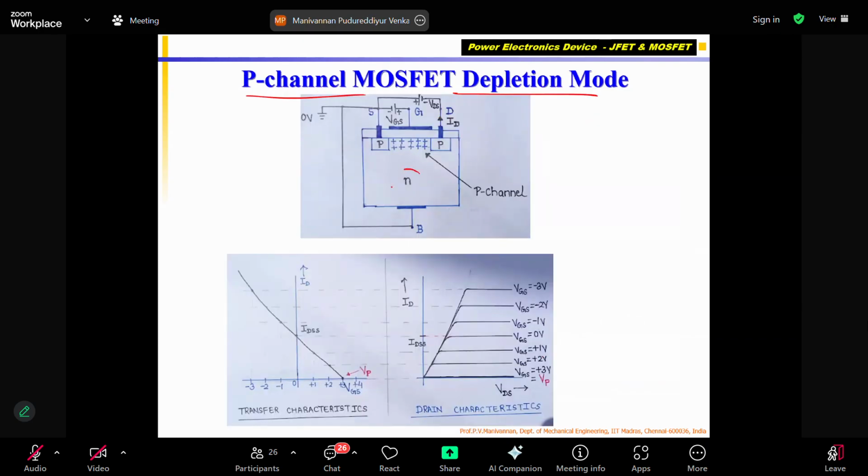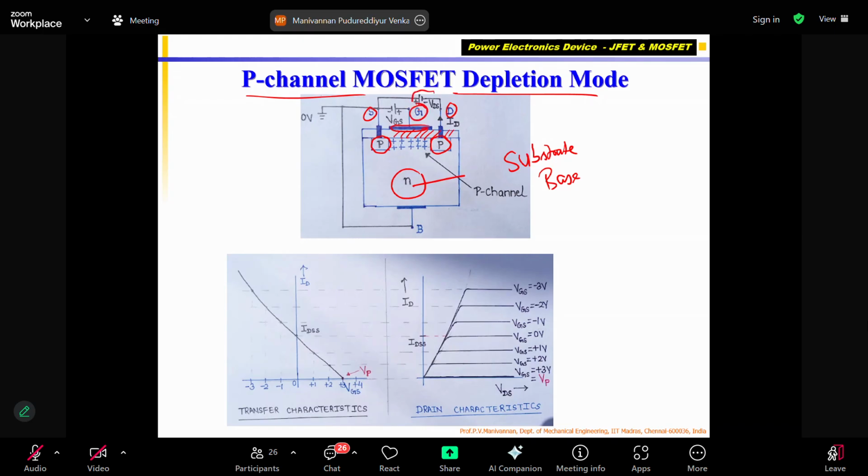Again, P-channel means in MOSFET, the base material, or they call it a substrate. This is another name they use. The base or substrate material is N material, and there are 2 pools of P. One will become the source, the other the drain, and there's an insulation layer on which a metal contact, that is your gate.